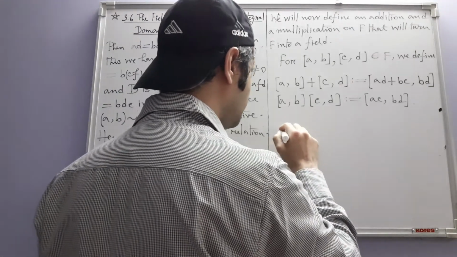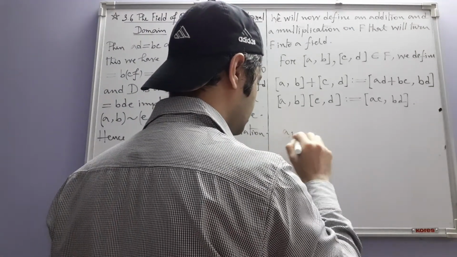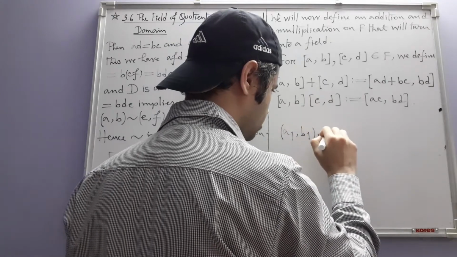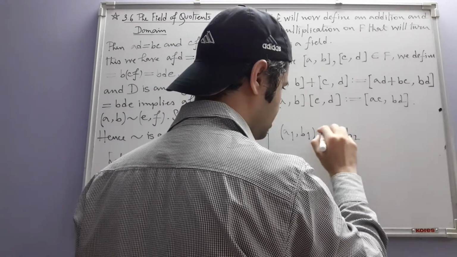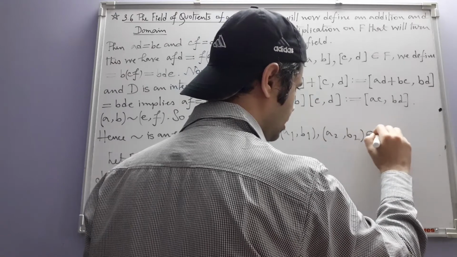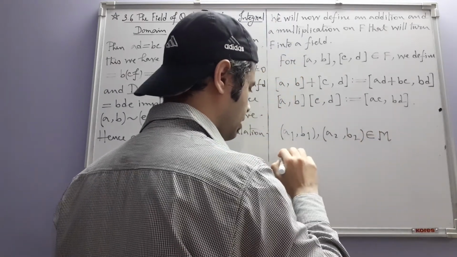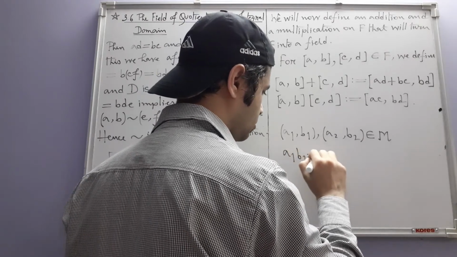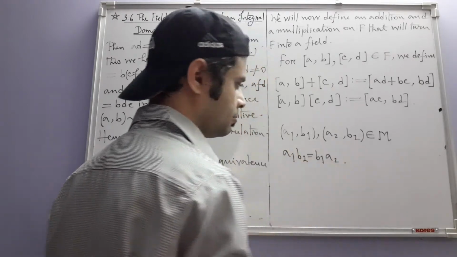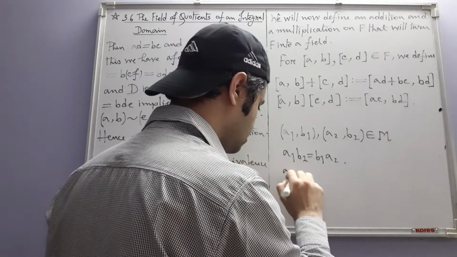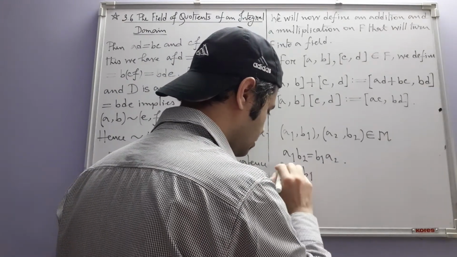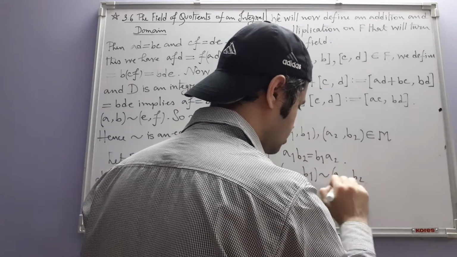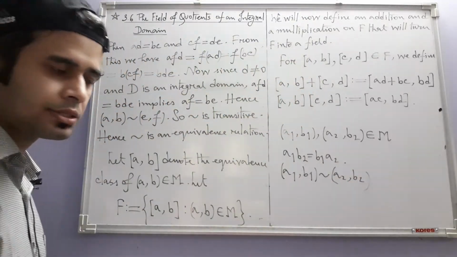If I have two pairs like this, A1 comma B1 and A2 comma B2 in M, and suppose that A1 B2 is equal to B1 A2, then A1 B1 is related to A2 B2, so they belong to the same equivalence class.